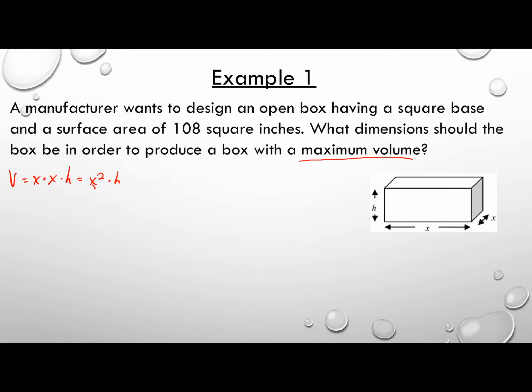Now we're not done yet, because we're asked what the dimensions are. So we found the length and the width, right? Now we just have to quickly find the height to make sure we have satisfied this question. Well, we're told that the surface area 108 is going to be equal to 4 times 6 times the height plus 6 squared.